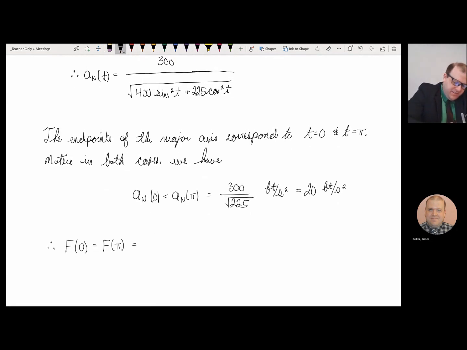It's weight over little g times the normal component of acceleration. 100 over 32 times 20, which is 25 over 8, right? And what are the units?